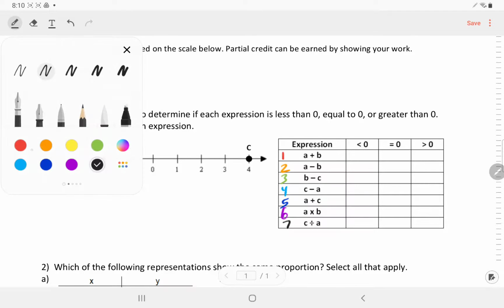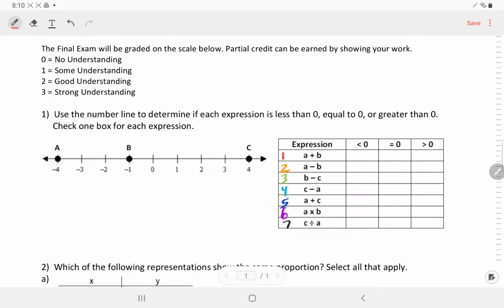Okay, so starting with problem 1 in red, we have a plus b. If we're doing a plus b, we know that a is negative 4, and we're adding plus b, which is negative 1.